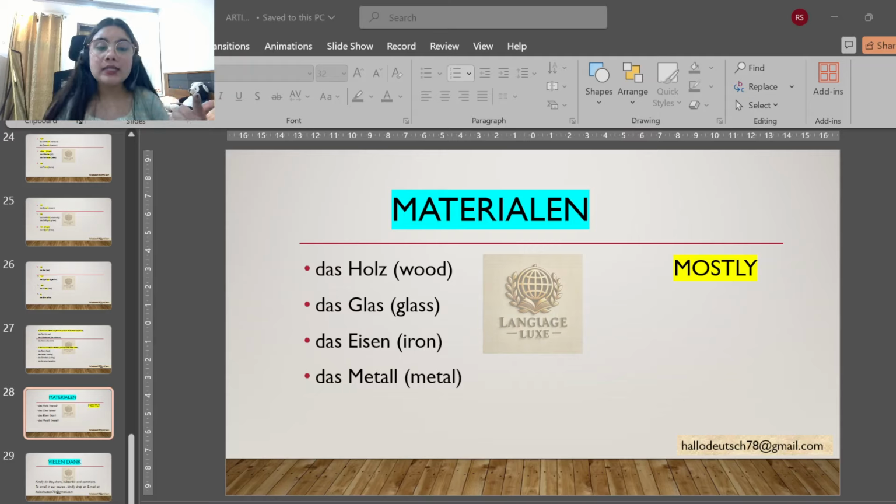Das Glas, glass means glass only, just the spelling is different. Das Eisen means iron. Das Metall is metal. So when materials come, then also mostly they are going to be Neutrum in nature.